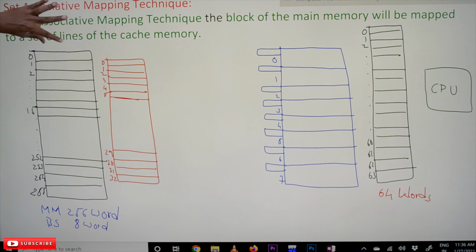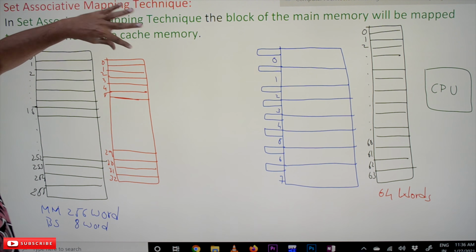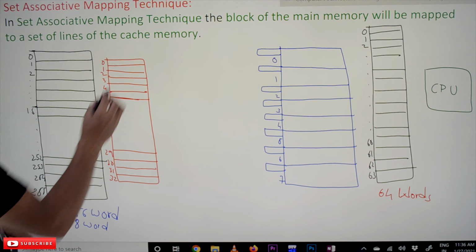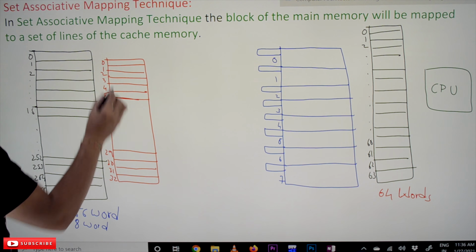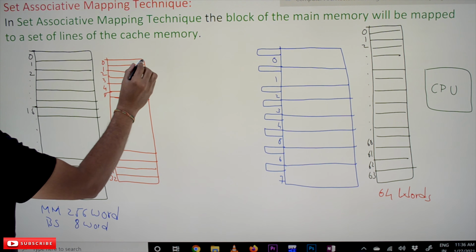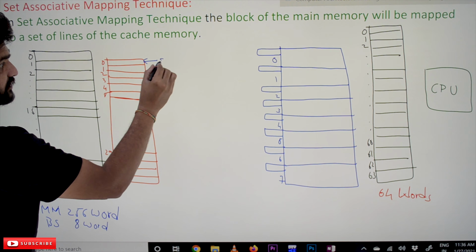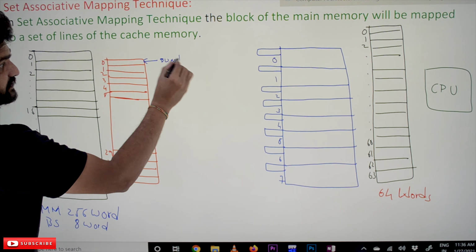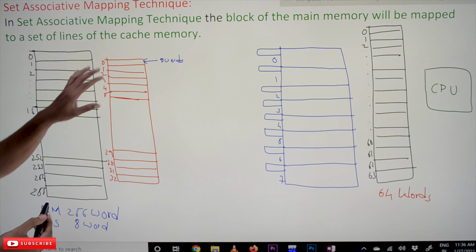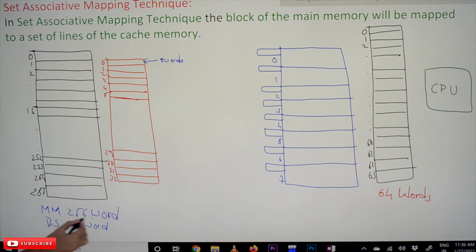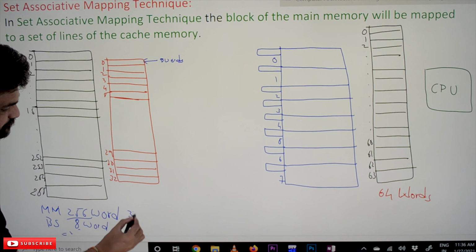This is the physical view of the main memory, and this is the logical view of the main memory. These are block numbers, and each block is going to have 8 words. So we get 256 by 8, which is equal to 32 blocks.